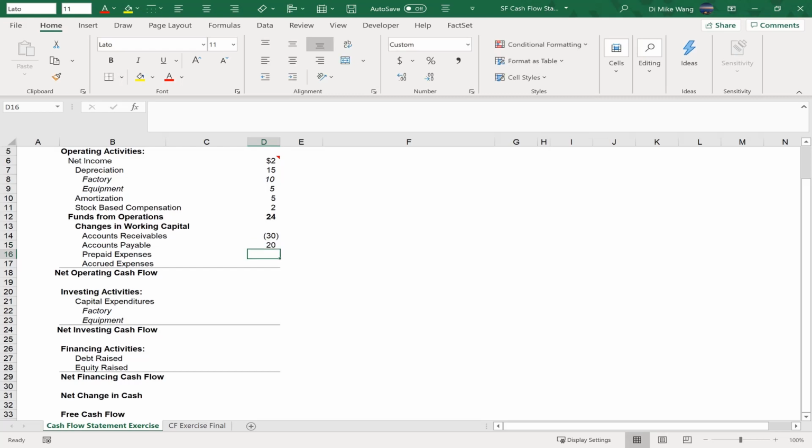Prepaid expenses will be $9 since we paid $10 in cash for the insurance policy, but only accounted for 1 year's worth of expenses at $1 on the income statement. Prepaid expenses is an asset, so adding to it means that cash was spent beforehand to attain it. Therefore, an increase will result in a negative cash contribution.